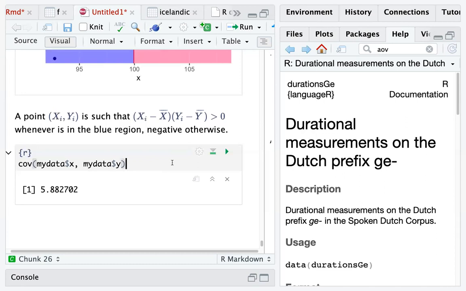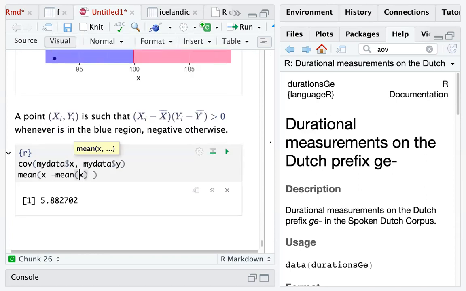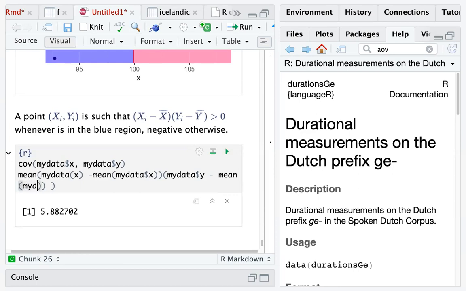So we could have also computed it by doing the mean of x minus the mean of x, in my data x, times y minus the mean of my data y.